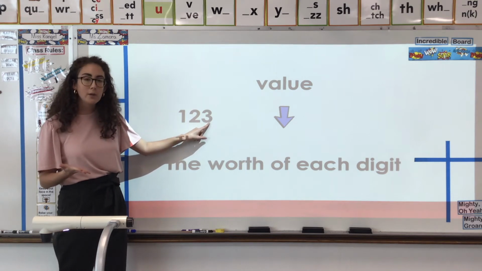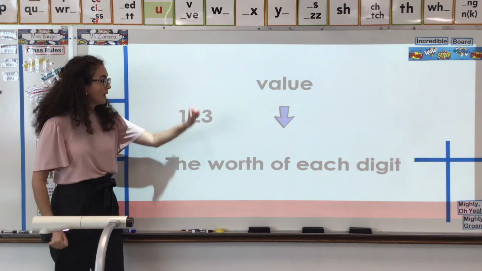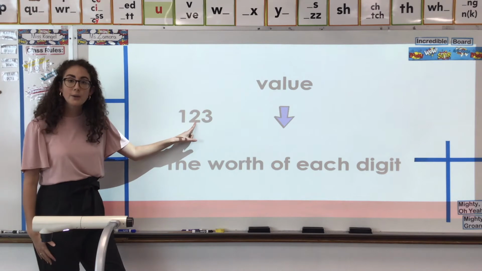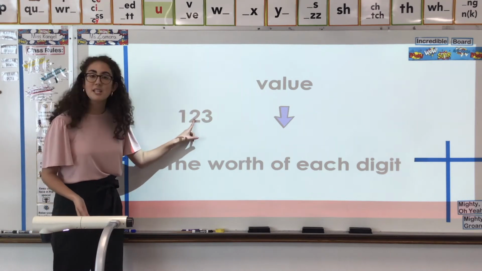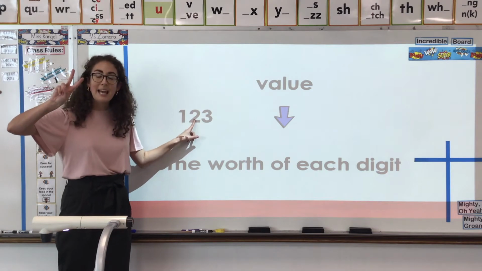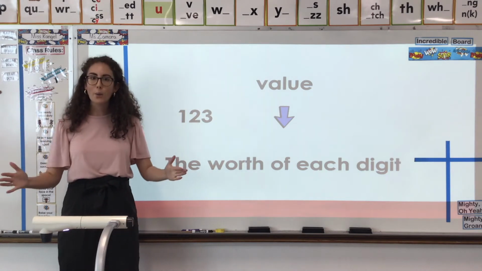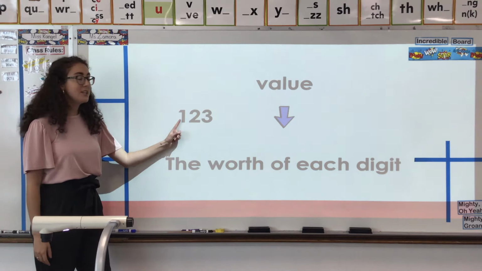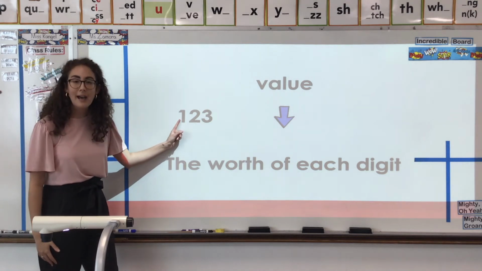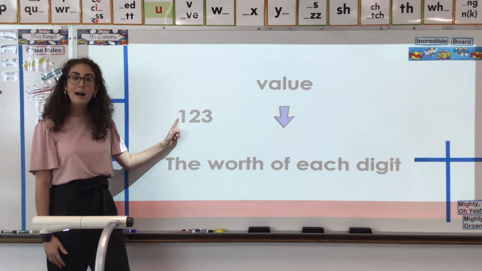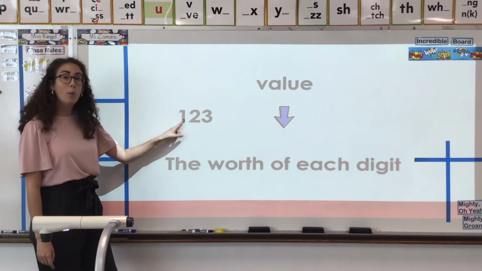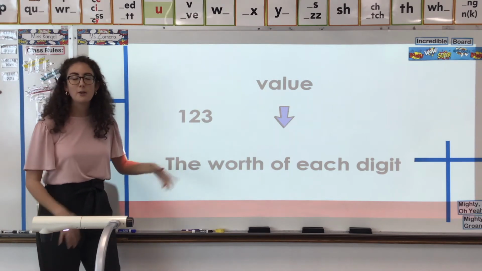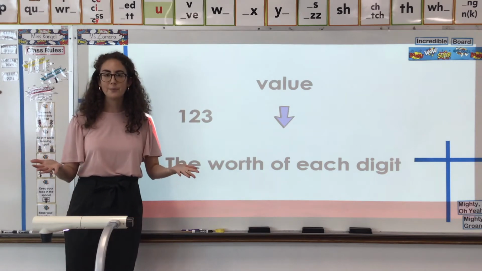Its value is 3. But the digit 2 has a value of 20. It doesn't just represent 2, it represents a whole 20. And the digit 1, its value is 100. It's not just 1. This 1 represents the value 100.